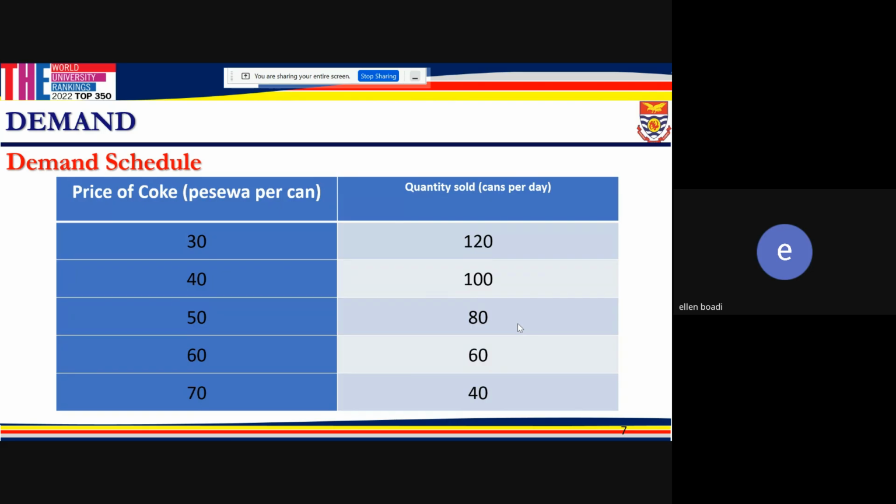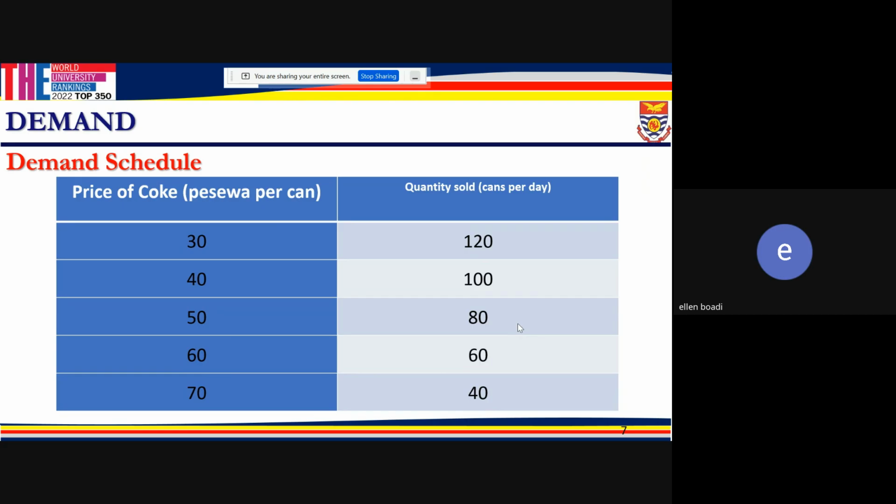Henceforth, if you hear demand schedule, it means it's just putting the relationship that exists between price and quantity in the form of a table. And we can plot this. You can plot it if you have a graph sheet, just as we've been doing in our mathematics classes.